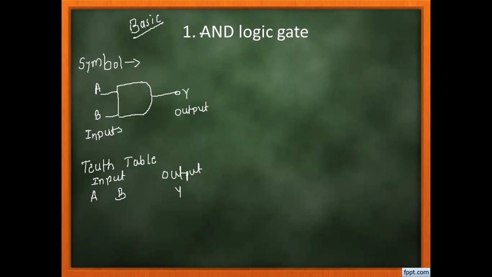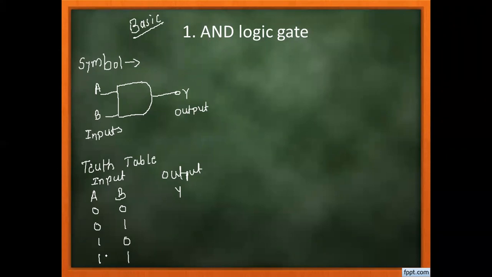As this is a part of a digital circuit, the input is also either 0 or 1, or we can call it low or high. So as the AND gate has 2 inputs, there are 4 possible conditions: 0 0, 0 1, 1 0, and 1 1.